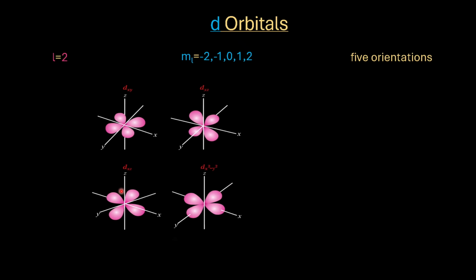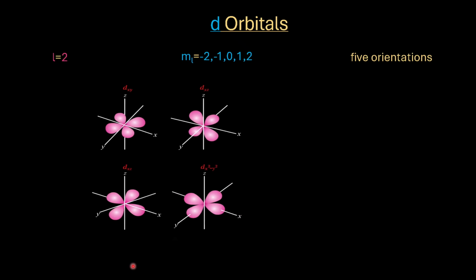So in the first 3, dxy, dxz and dyz, the lobes are present in between the axes. And in the fourth one, dx square minus y square, the lobes are present along the x-axis and y-axis.